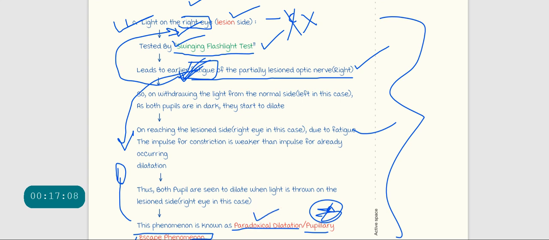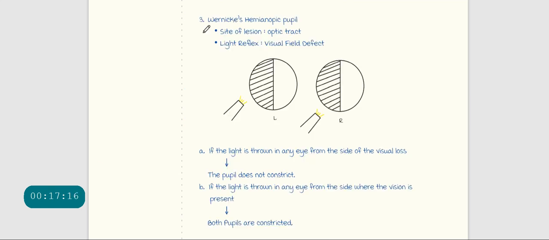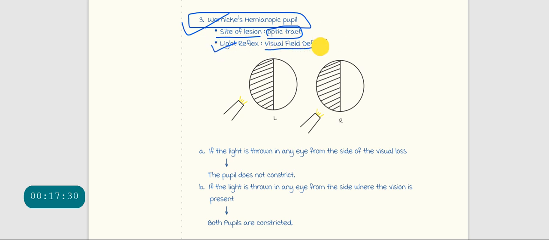Now coming to Wernicke's hemianopic pupil, the third lesion, the site of the lesion is in the optic tract, and there is a visual field defect. We studied that in the previous videos, and I am discussing it again.